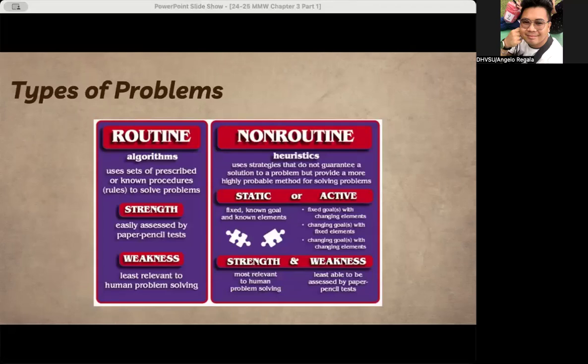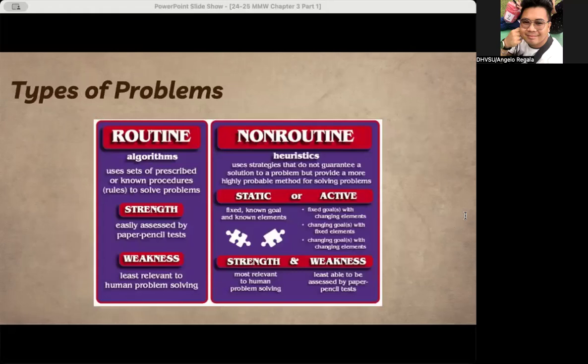The first one is routinary or routine problems. When we talk about routine problems, it stresses the use of sets of known prescribed algorithms to solve the problems. It means you have a known procedure like a formula or an equation. Kapag ganon, routinary problem na po yon.